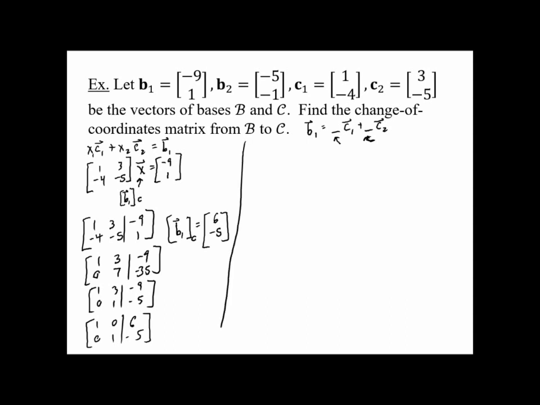Let's do that again for B2. So it's basically the same augmented matrix we had before, but now we're using B2, so negative 5, negative 1. And so we get 1, 3, negative 5, 0, 7, multiply top by 4 and add the bottom, negative 21.